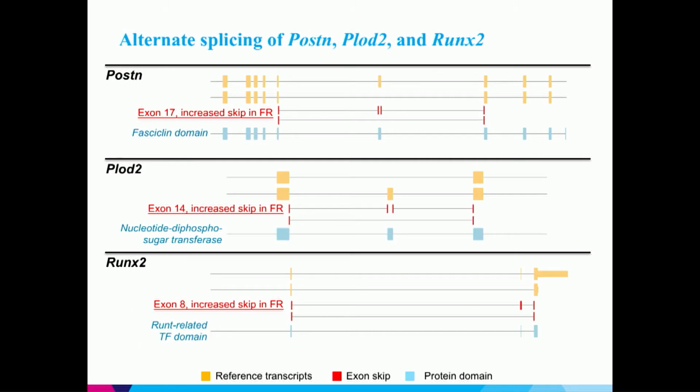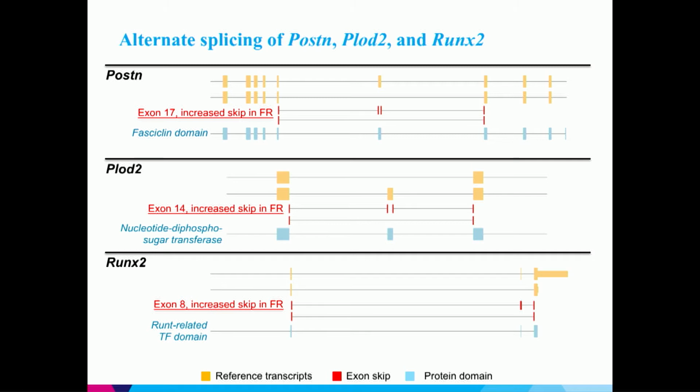So just to highlight some of the examples that we're finding, I'm showing here 3 different genes: periostin, PLOT2, and RUNX2. Periostin is an extracellular matrix protein, and we see increased skipping of exon 17 in the osteogenic front. For PLOT2, we also see increased exon skipping, and for RUNX2, we also see increased exon skipping towards the 3' end.